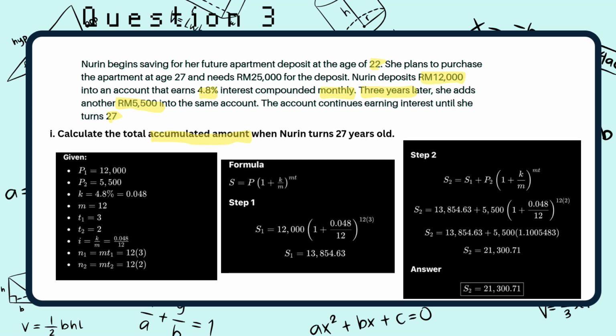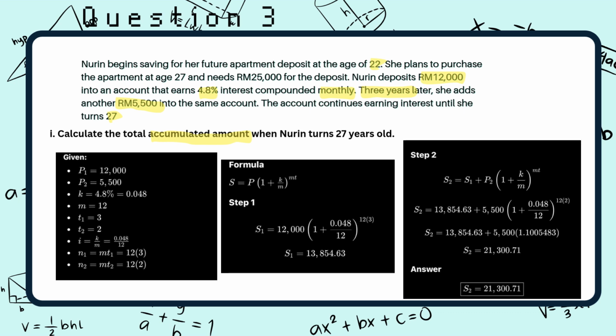So first of all, we are given all these things. We have P1. P1 stands for principal, the starting amount, 12,000 ringgit. P2 is 5,500 ringgit.